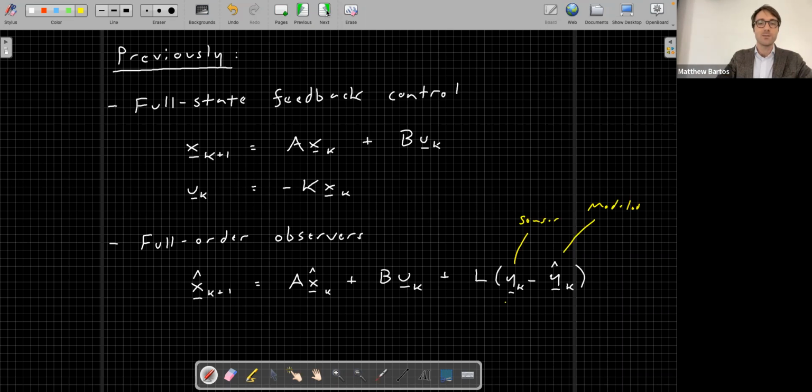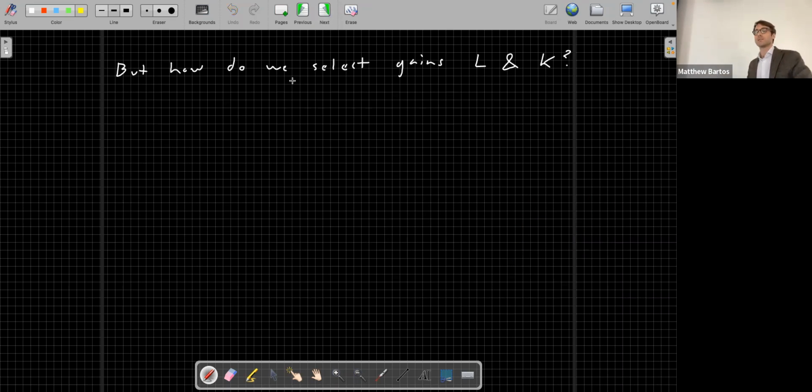So we took a look at those two concepts, but there was one question we didn't really address, which was how do we select those gains L and K to get the control and observation behavior that we want? So we kind of looked at this in a heuristic way. I just gave you a set of poles that I wanted you to achieve, but I didn't really give you any justification for why we would want the poles in those places or what even a good selection of poles might be.